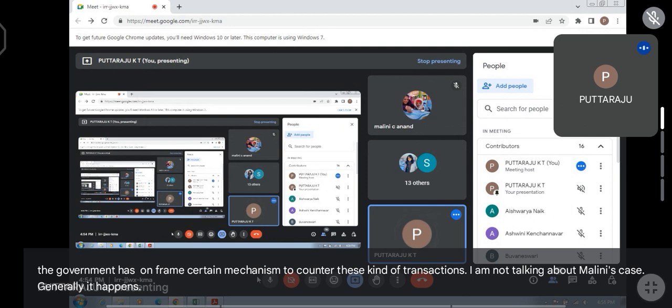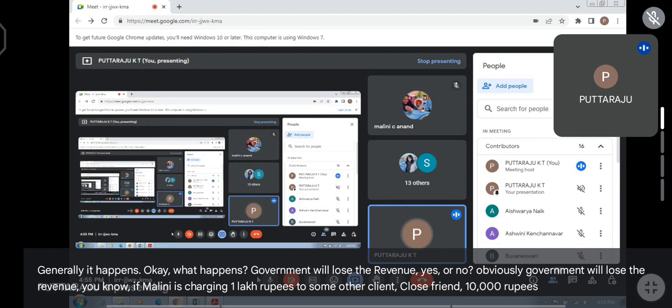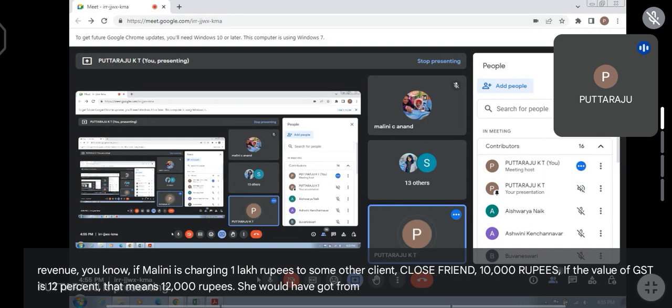What happens? Government will lose the revenue. Yes or no? Obviously, government will lose the revenue, no? If Malini is charging 1 lakh rupees to some other client, and close friend 10,000 rupees, if the GST is 12%, that means 12,000 rupees you would have got from the unrelated client.